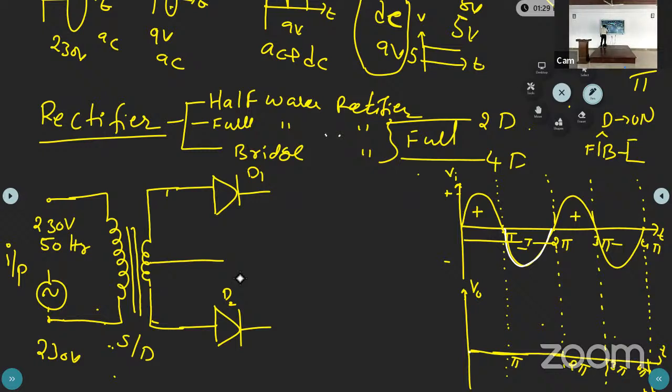So here in between, positive, negative, negative, positive. The waveform appears like this. If you take the transformer output at this point, and here it will be this. If you take this, the same waveform appears like this here.